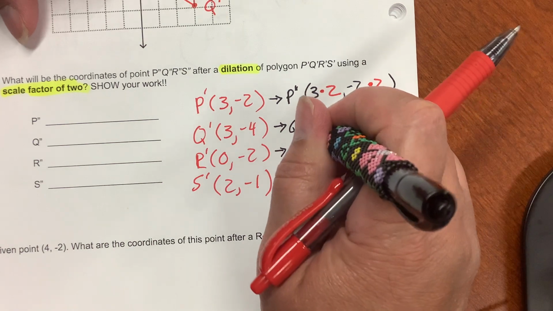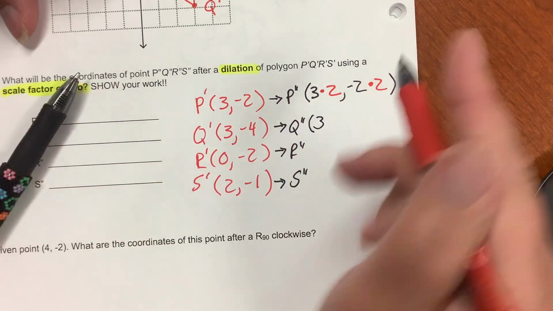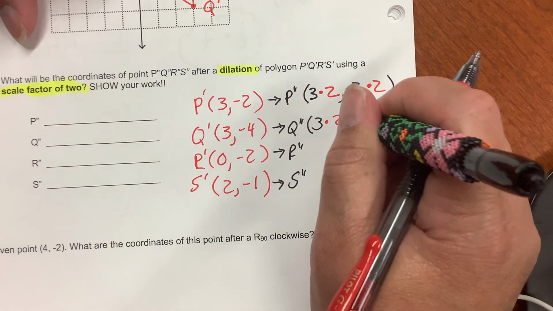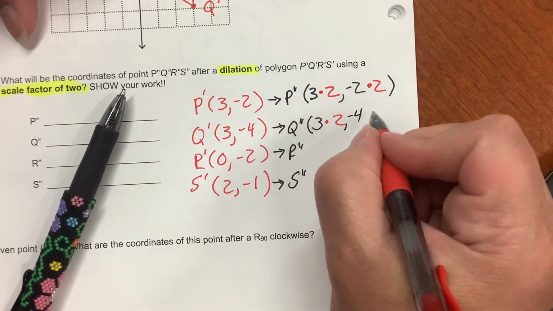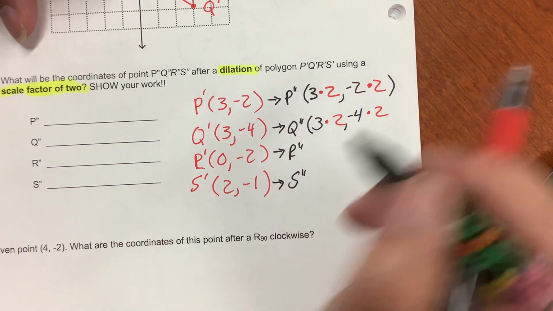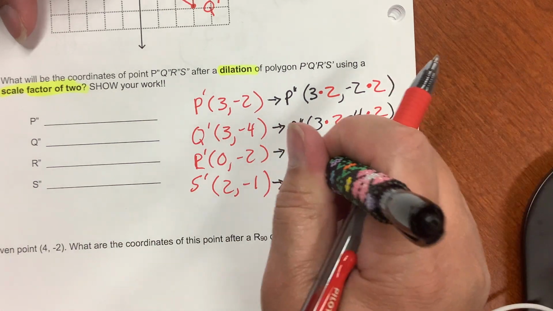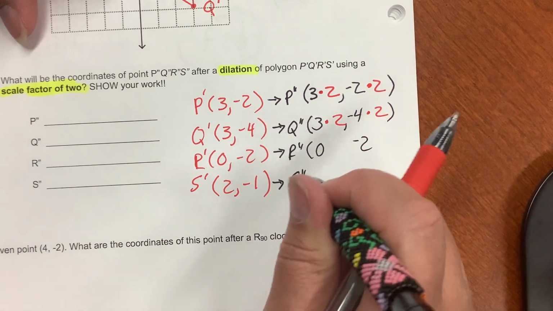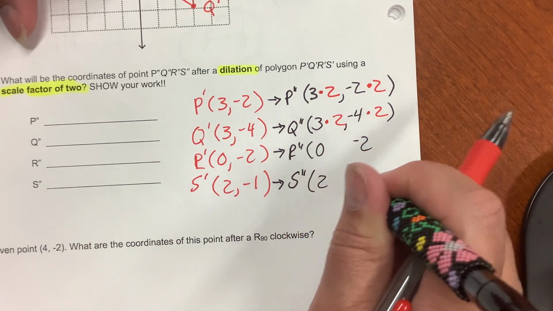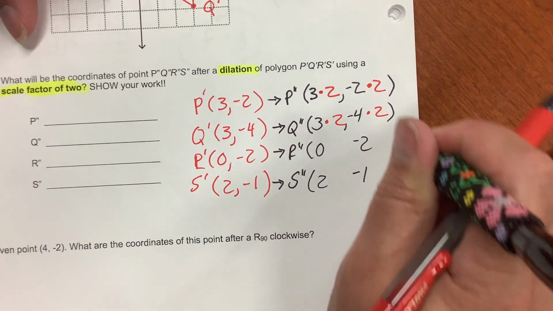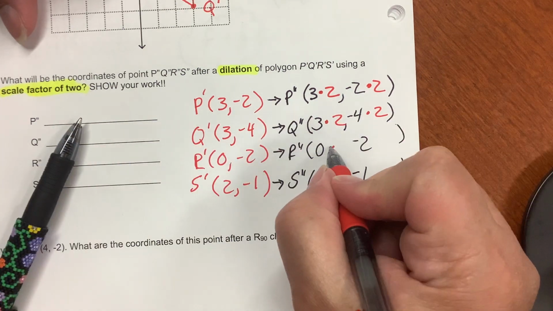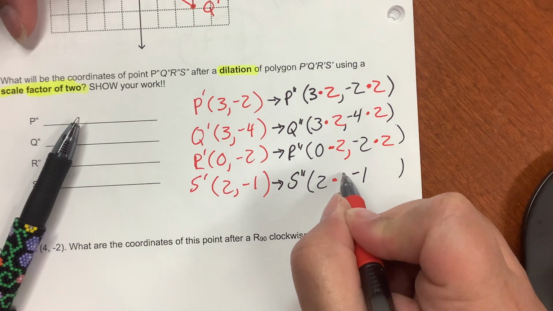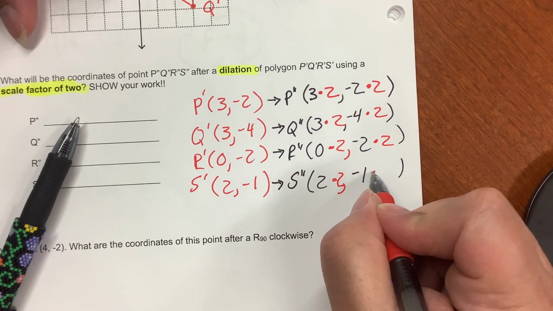I think it's kind of silly, but 3 times 2 and -4 times 2, and what is this? 0, -2, and 2, -1, and they all get multiplied by 2. Everybody times 2. Everybody times 2. Oops, forgot to put the 2 there. Look at me, that'd have been wrong.